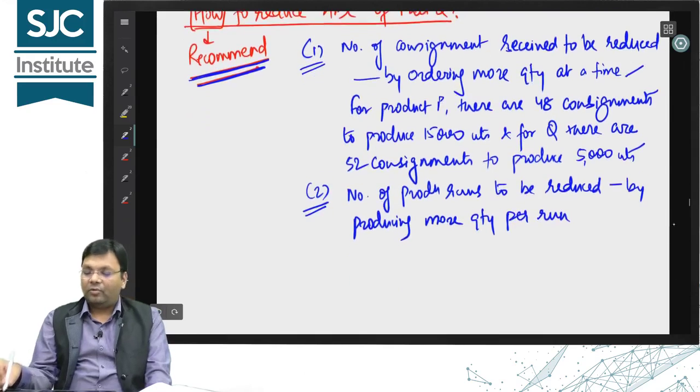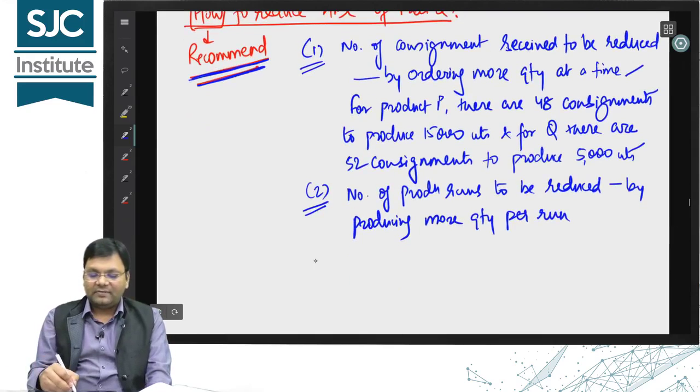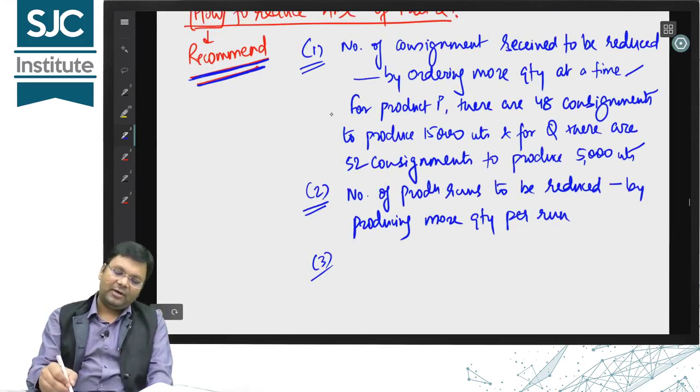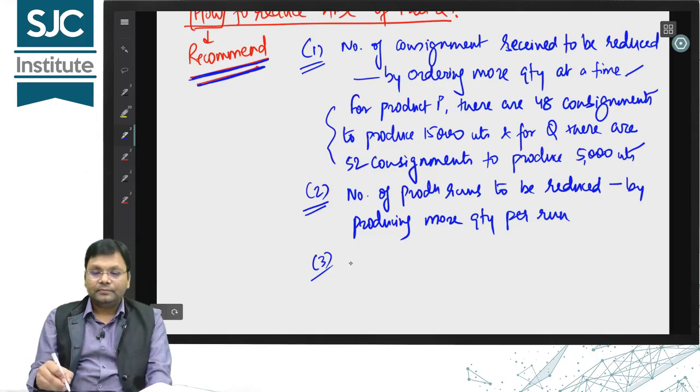If we have more quantity per run, automatically the number of runs will be reduced. So this can again be substantiated with the figures of P and Q. I am not elaborating the substantiation; I am not writing it.